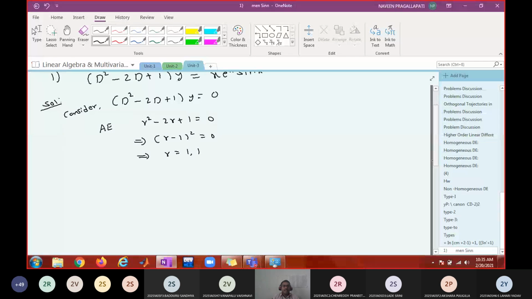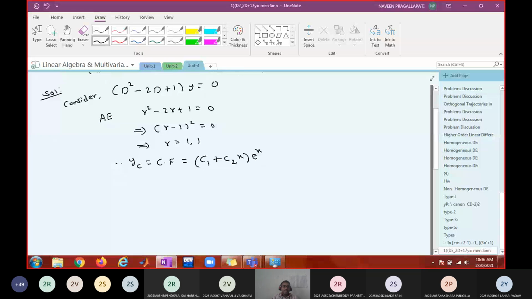What is the complementary function? When the roots are equal, the complementary function is C1 e power x plus x C2 e power x. After simplification, I can write it as C1 plus C2x into e power x.